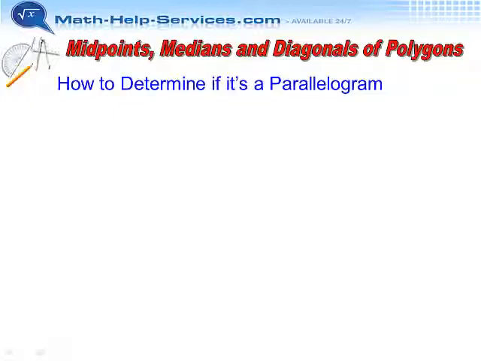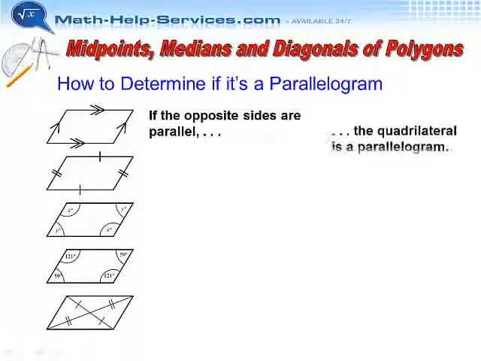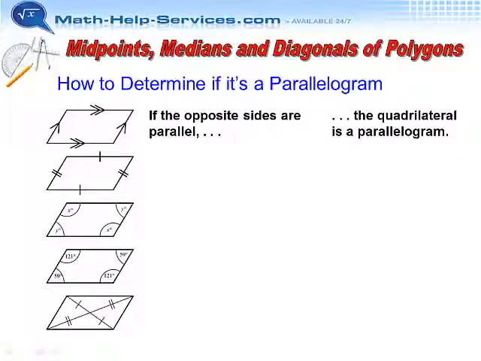Now let's talk about how to determine if something is a parallelogram. If the opposite sides are parallel, the quadrilateral is a parallelogram. However, in a previous lesson, we learned a few other useful relationships that parallelograms have.